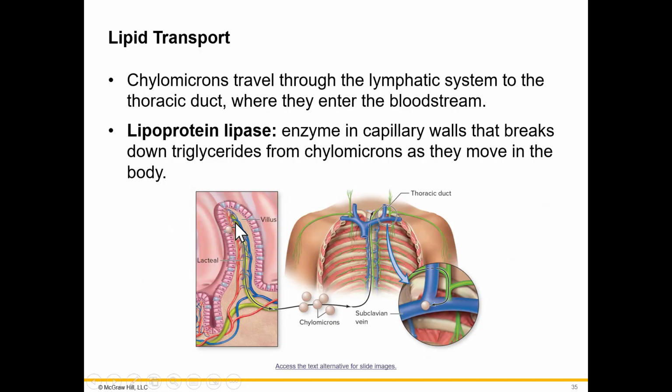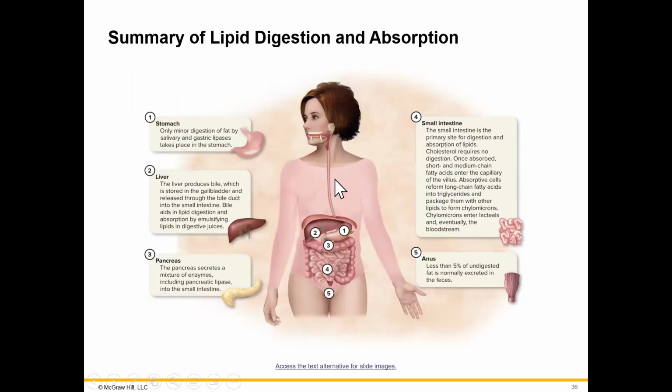You see the lymphatic lacteals here within the microvilli of the small intestine. Same kind of concept, but the lipoprotein lipase enzyme in the capillary wall is what's going to break down that triglyceride and help to transport it throughout the body, as you see here. These absorptive cells eventually help it get absorbed from the small intestine into the bloodstream.